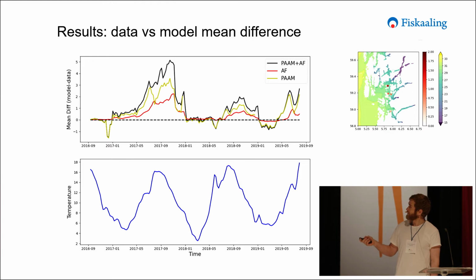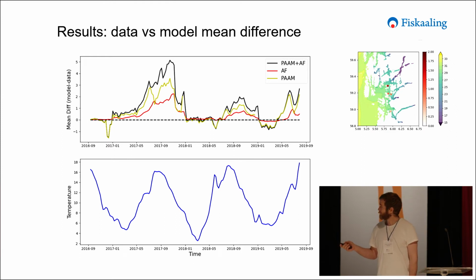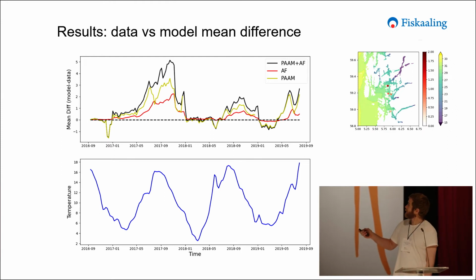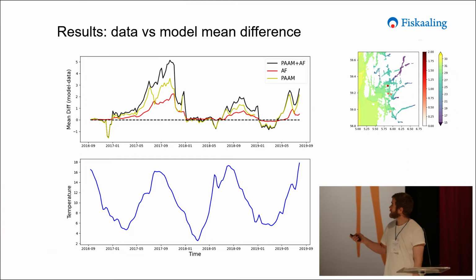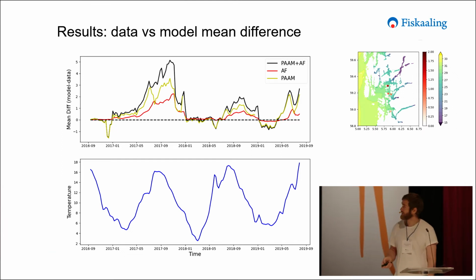The difference is lower when the temperature is lower, and the model has a tendency to underestimate the lice counts in those periods. But here we see that the largest differences are found in farms that are located inside the bay of the fjord system.